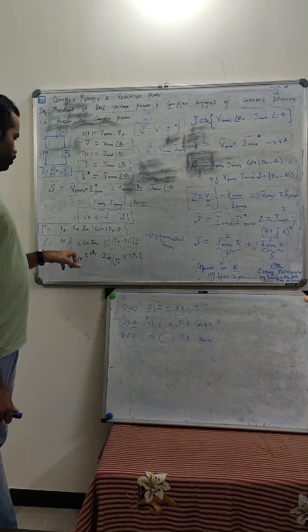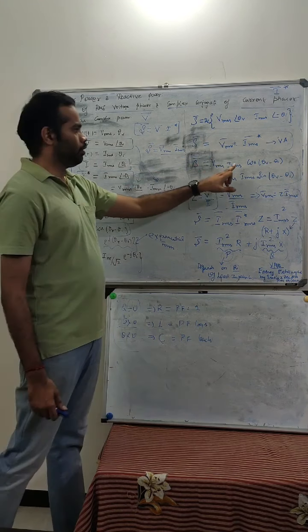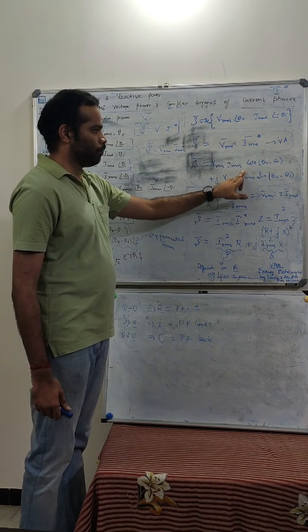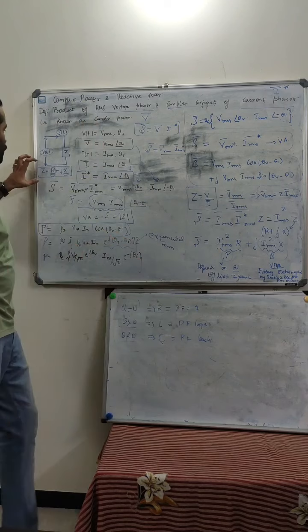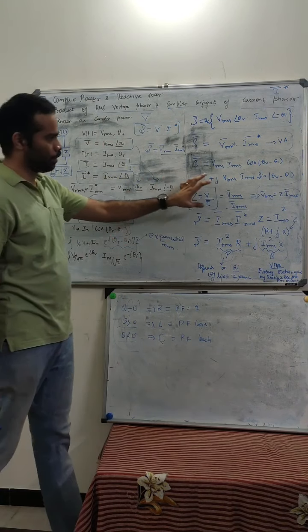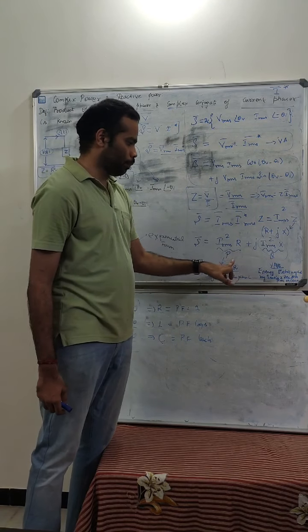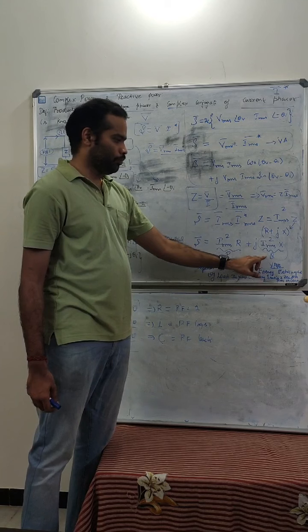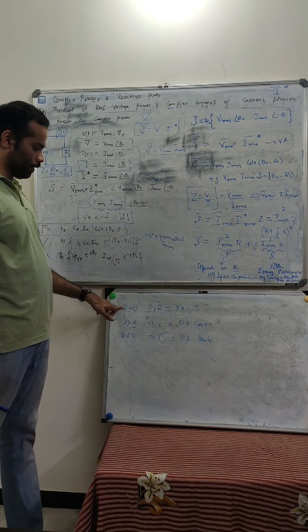Finally you convert it into exponential form, compute the complex form, and relate it with the complex form in your actual circuit. From there you compute the real power and the reactive power. From the reactive power you have three cases.